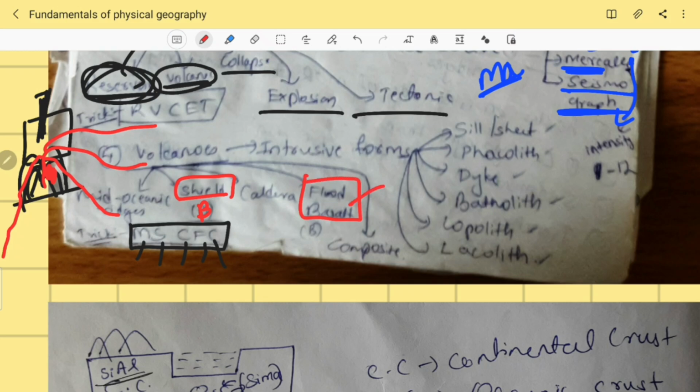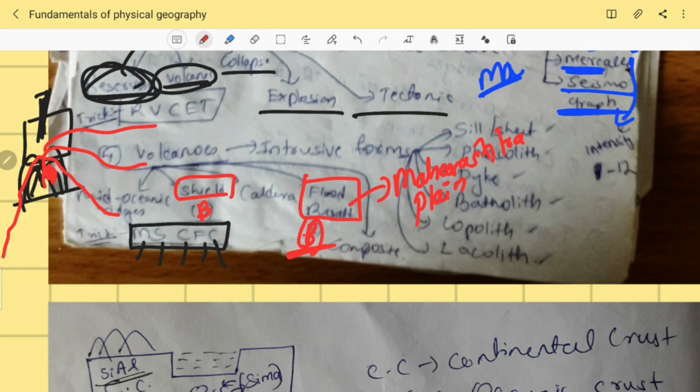Flood basalt volcano, you can see in the Maharashtra plain. The Maharashtra plain is formed due to flood basalt volcano, because it is a basic lava, it has spread over a huge region.